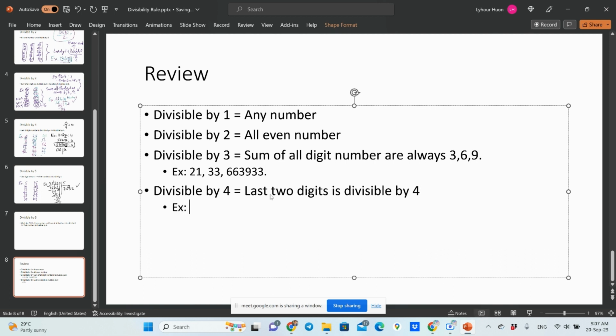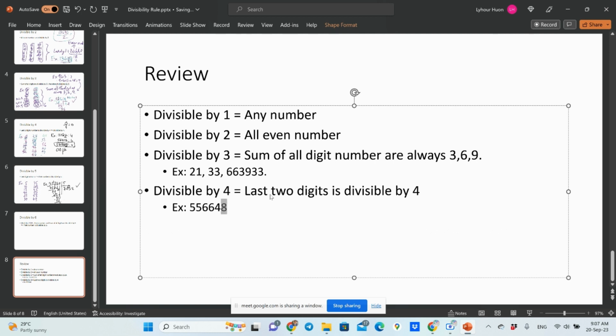Can you give an example? A large number, but notice the last two digits are divisible by 4. What are those numbers? 48, yes.